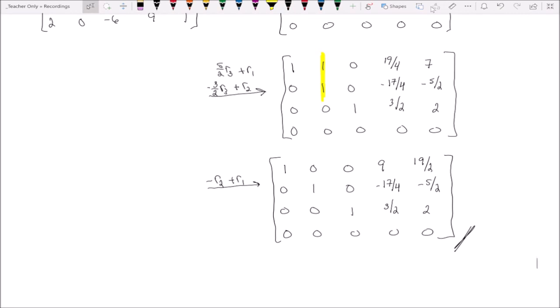That concludes today's video on the echelon form of a matrix, putting a matrix into REF and RREF. In the next video, we will take what we just did in this video with what we did in the previous video, putting a linear system as a matrix, combine them, and look at a method for solving systems of linear equations by representing the system as a matrix.